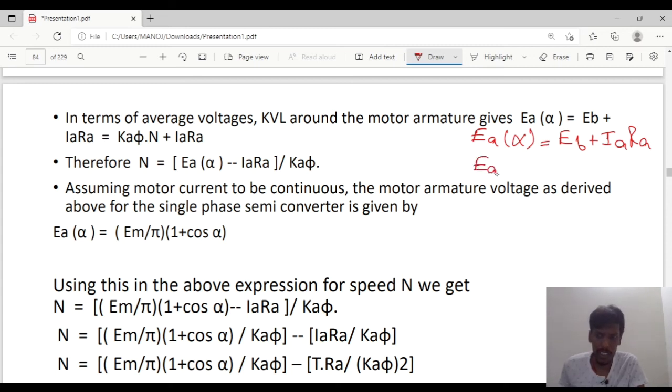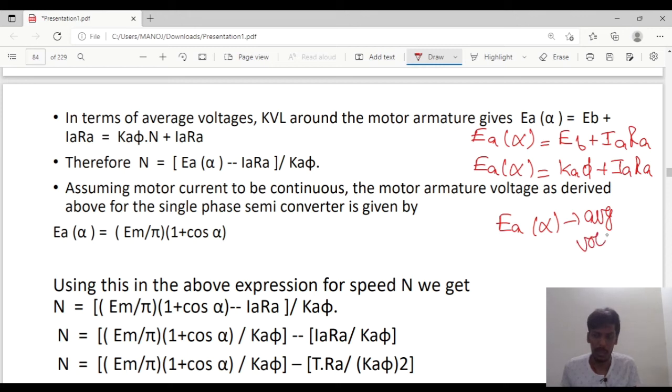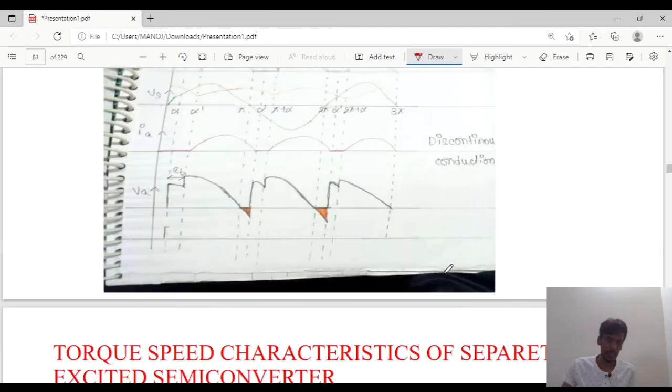So I can substitute: EA at an angle alpha equals Ka phi omega plus IA RE. But we know that the voltage EA at an angle alpha can be taken as the average voltage. This average voltage will be considered from the cycle.